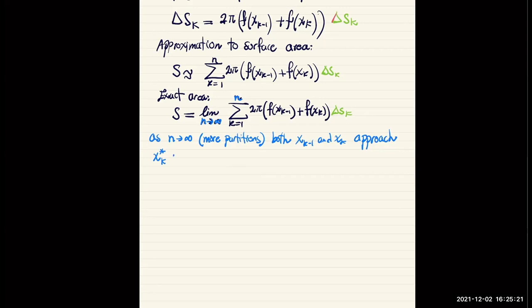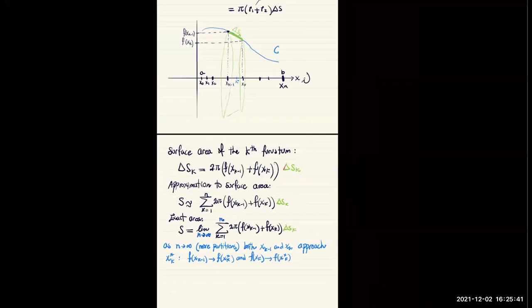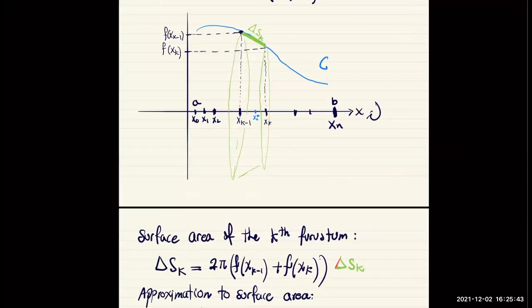Okay, which means that f of x_{k-1} gets closer to f of x_k star, and f of x_k also goes to f of x_k star. Okay, that gets close to that, that gets close to that.